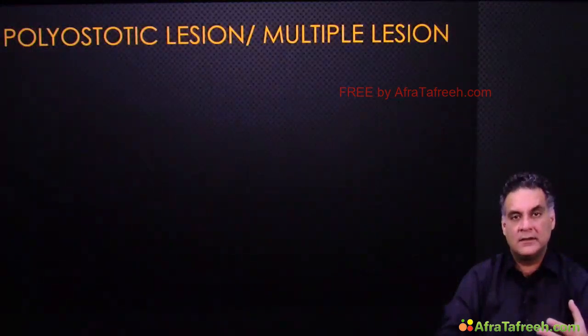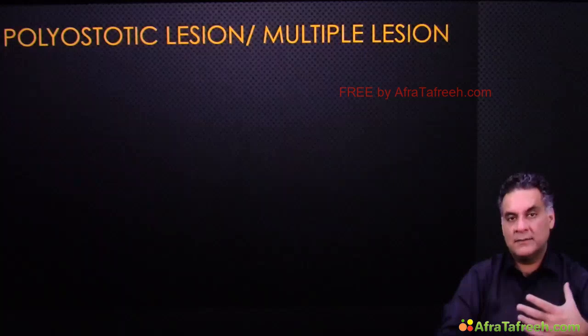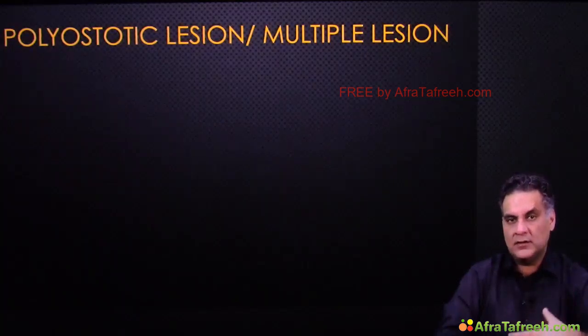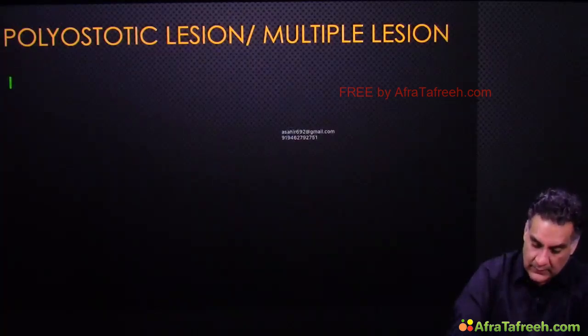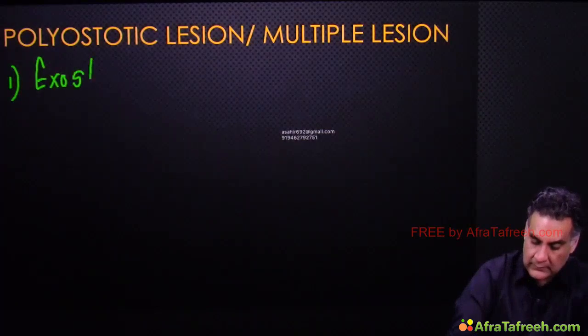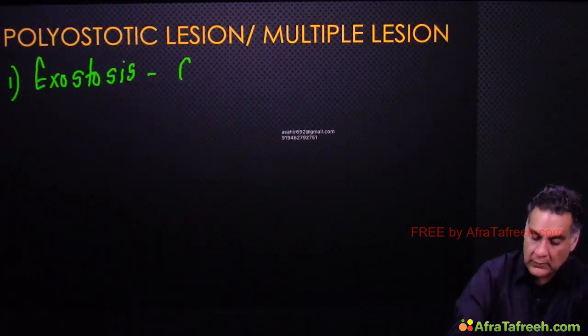Polyostotic lesions means involving multiple bones. So when we talk about polyostotic lesions or the tumors involving multiple bones, we must remember first names. Number 1, exostosis, also called osteochondromas.